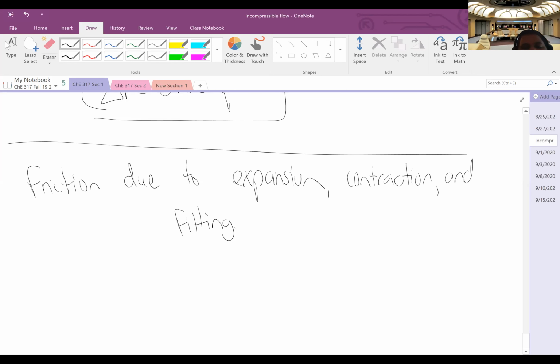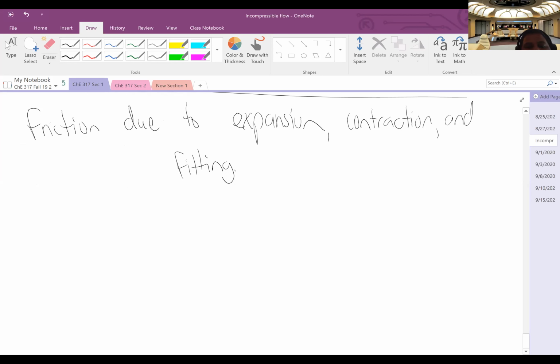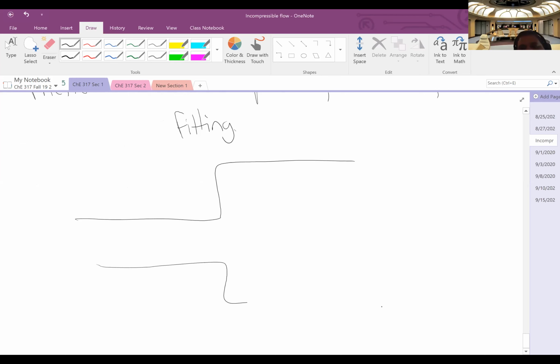So if I'm looking at, let's say, expansion, that means I have a flow existing in one section with a particular diameter A, and it's transitioning to a much larger diameter B. And as we said, fluid follows momentum conservation laws, which means the fluid isn't going to stop here, wait for the red light to turn green and take a left. It's just going to keep going.